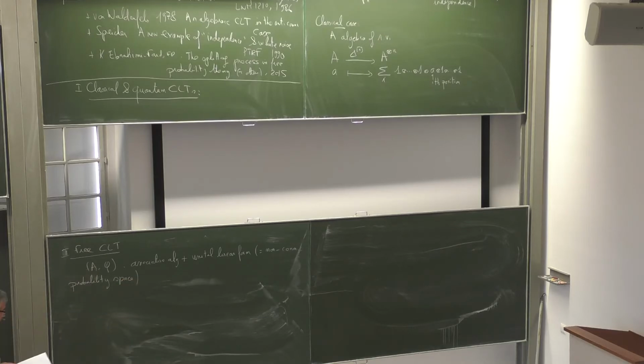So the point in this situation is that because we are moving from commutative algebras to associative algebras, there are several notions of independence that can be devised to account for the fact that we enter the non-commutative world.